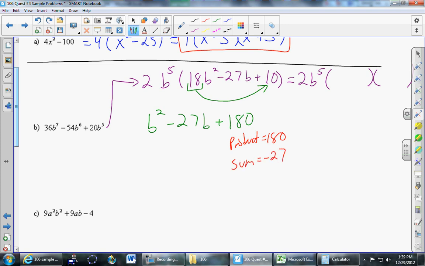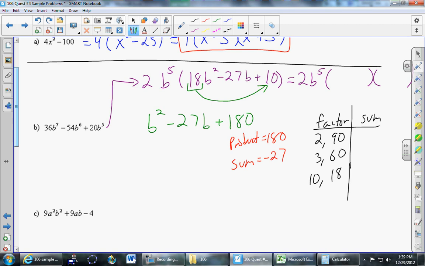So I'm not going to list all the factors here, but for example, you're going to want to make a table. And for example, product of 180 could be like 2 and 90, could be 3 and 60. I'm going to skip some, 10 and 18. There's a long list. So again, pause the video, see if you can find somebody in this list that adds up to the right thing.